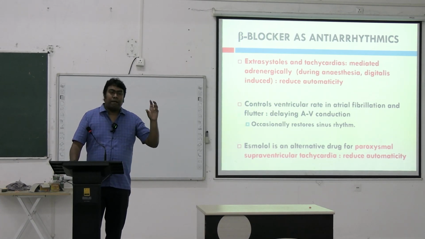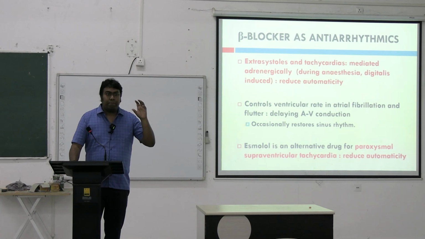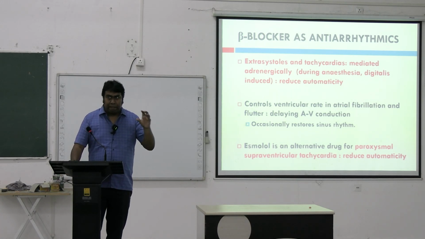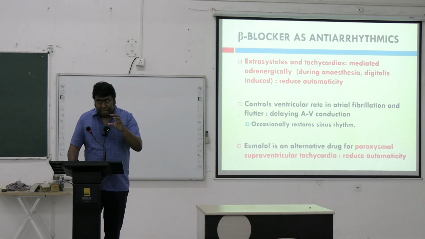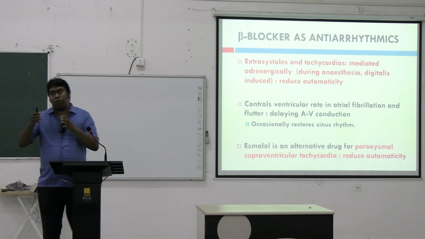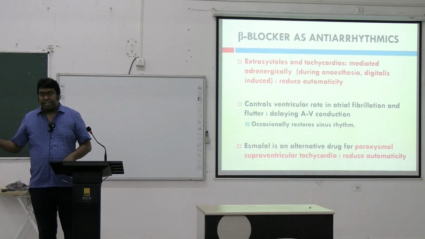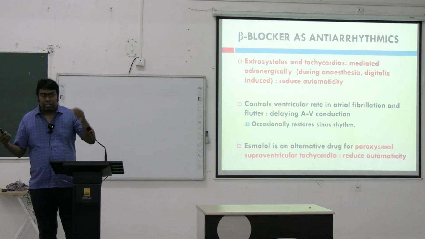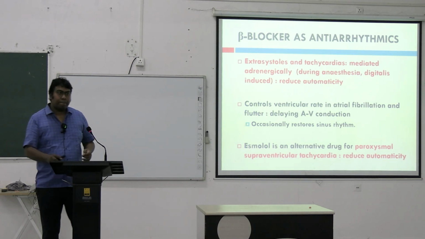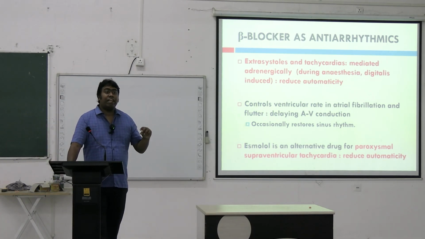That means if there are 300 impulses generated from the atrium, and if all are transmitted to the ventricle, what will be the result? All 300 go to the ventricle, there will be a ventricular fibrillation.